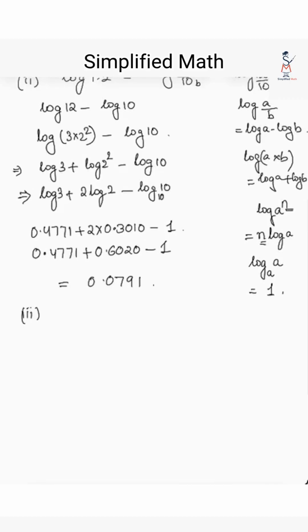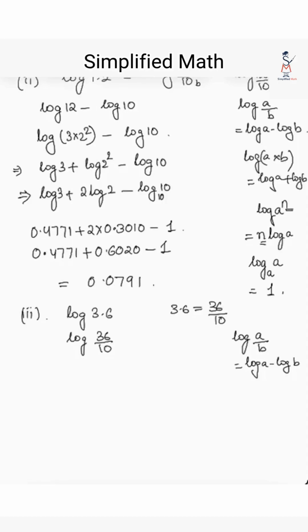Now we will see the third one. The third one is log 3.6. We know 3.6 is 36 upon 10. So this will become log 36 upon 10. Again we will follow the rule of the law of log A by B is log A minus log B. That will become log 36 minus log 10.